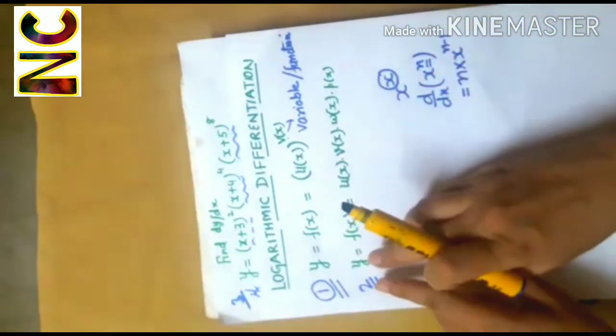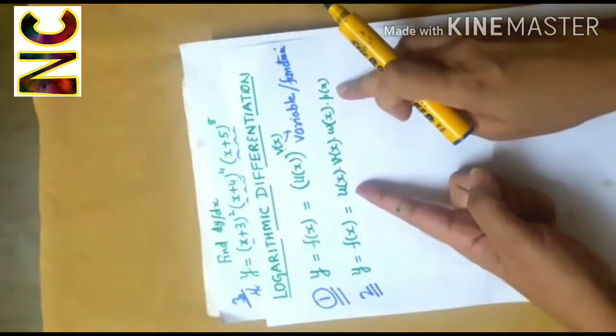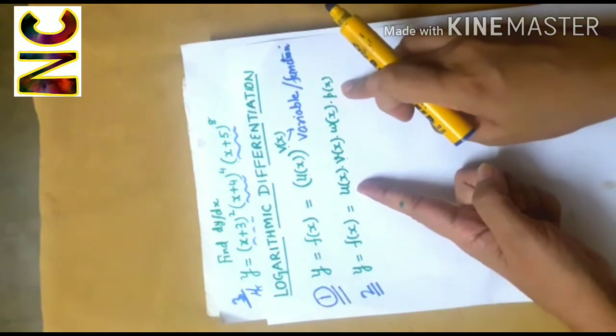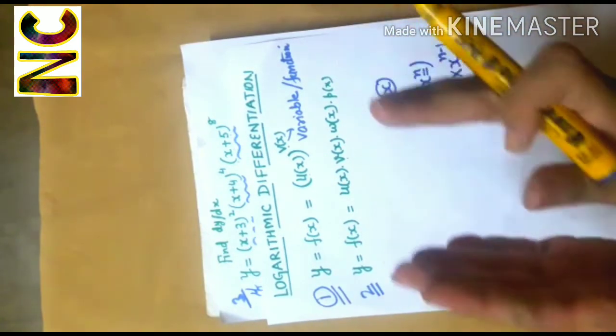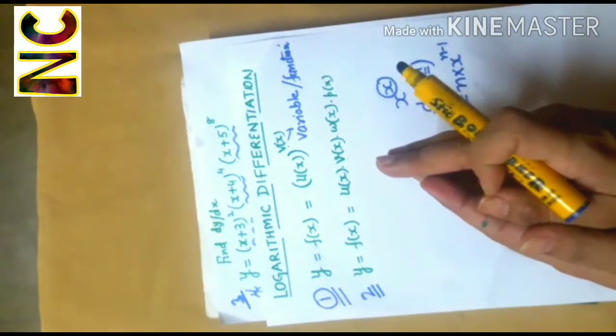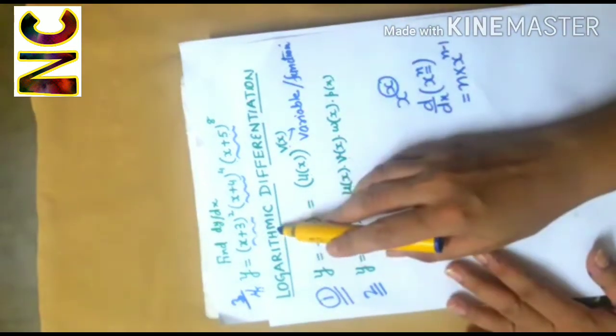So y here is of this form, that is, y is the product of some functions. So to facilitate the process of differentiation, we make use of logarithmic differentiation, right?